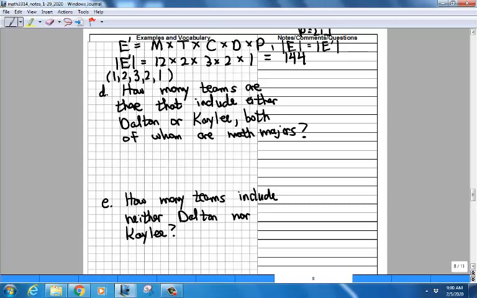So we want teams that include Dalton or Kaylee, both of whom are math majors. You can probably, I think, figure this out intuitively.